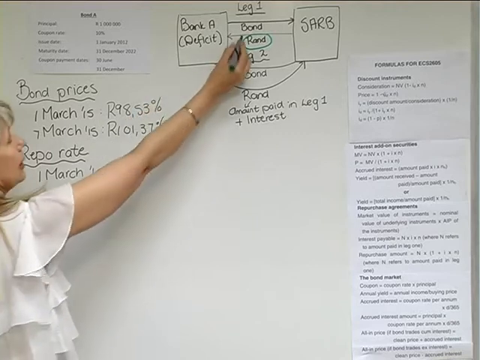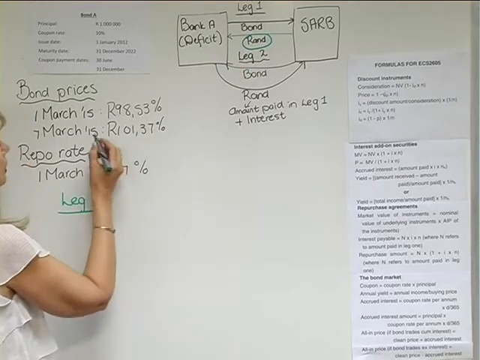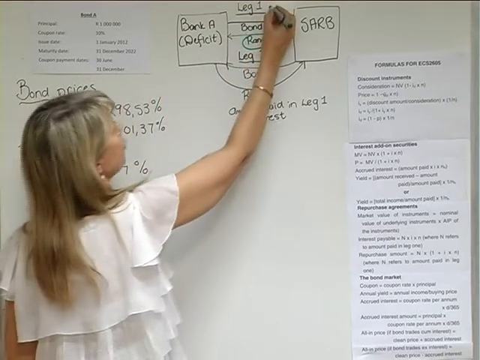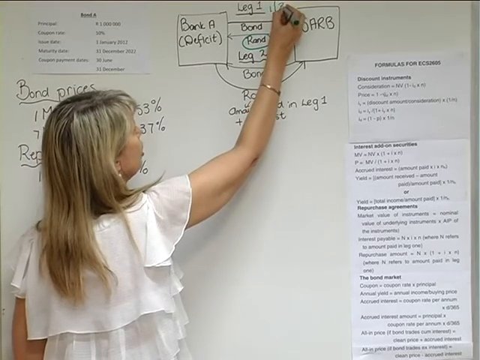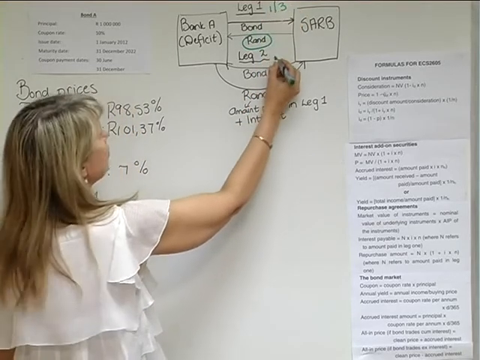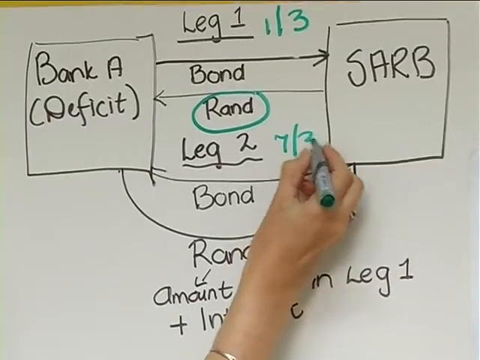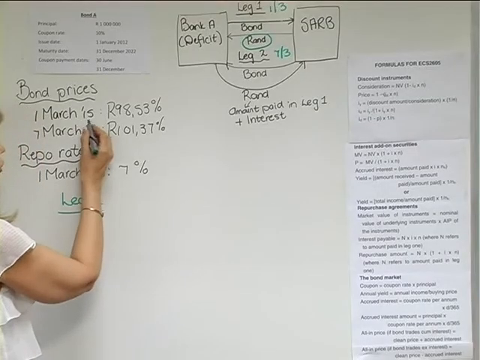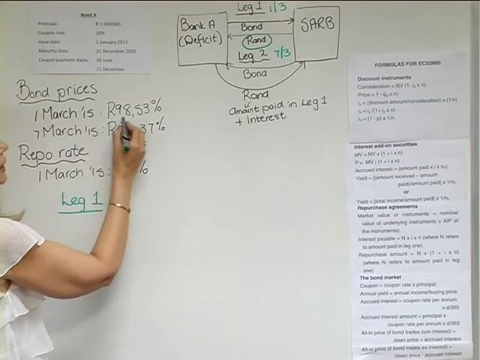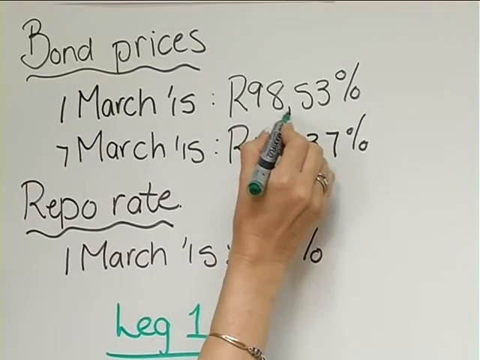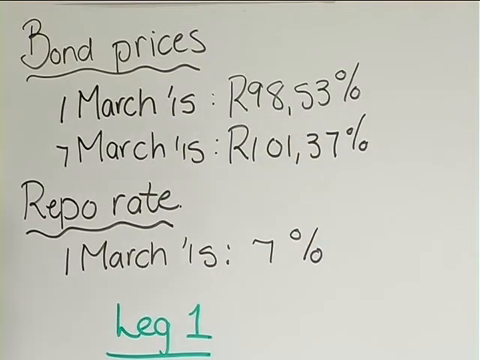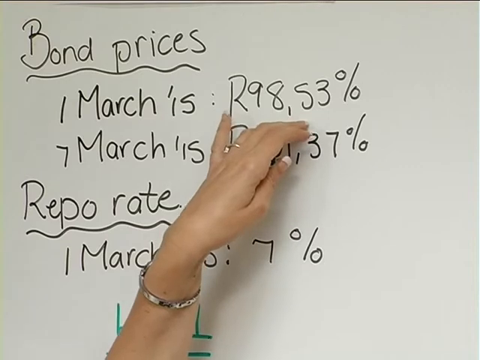Now this leg 1 takes place on the 1st of March, and leg 2 will take place on the 7th of March. Now on the 1st of March, the bond price is 98.53 Rand per cent. What does this mean?